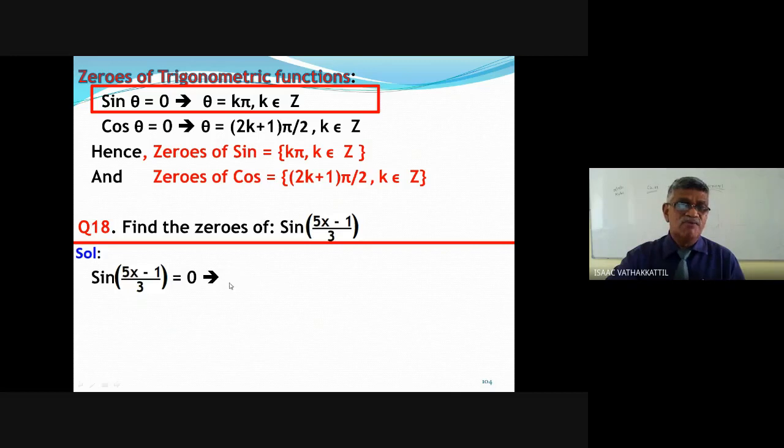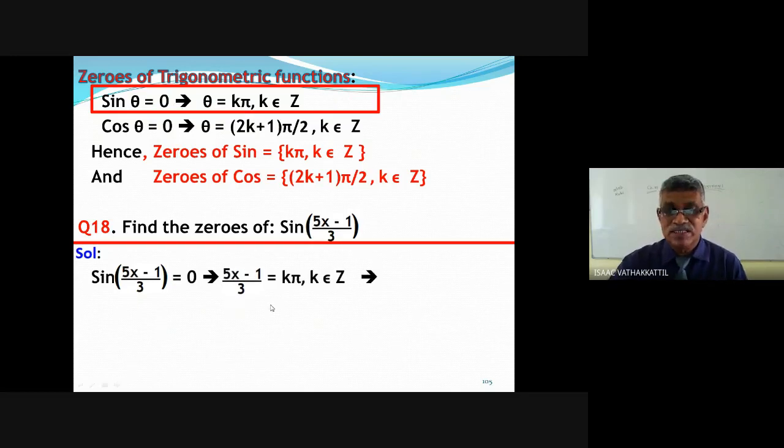So sin(5x - 1/3) equal to 0 implies 5x - 1/3 equal to k pi.